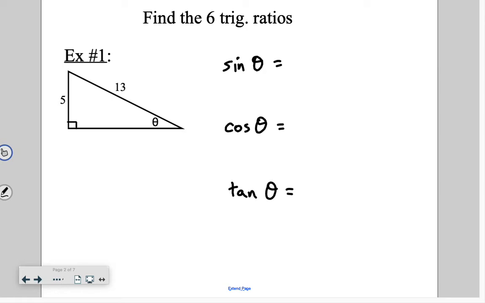So I put the first 3 trig ratios up. We'll get to the other 3 once we finish up with the first ones.